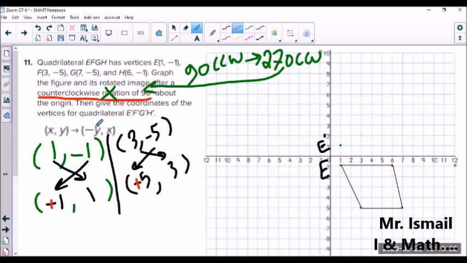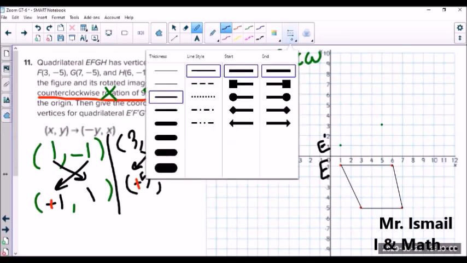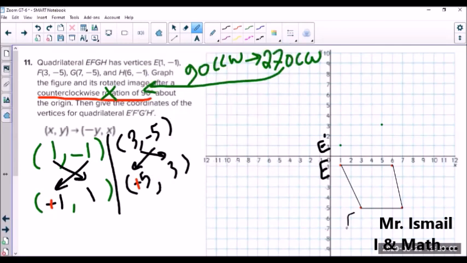So only multiply y by -1. The point (3, -5) will be (5, 3), and it will be here. This point is F, and this will be F prime.